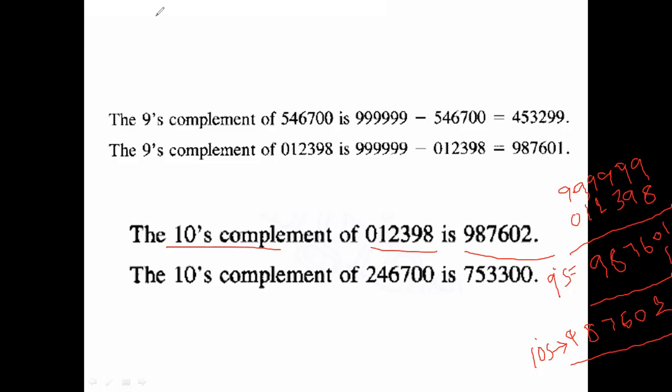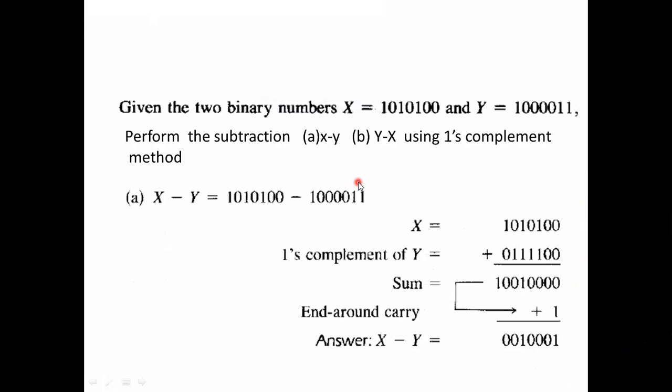Now by using these complements, we are doing the subtraction. We said that using these complements we can do subtraction easily. First we take how to subtract using 1's complement and 2's complement.